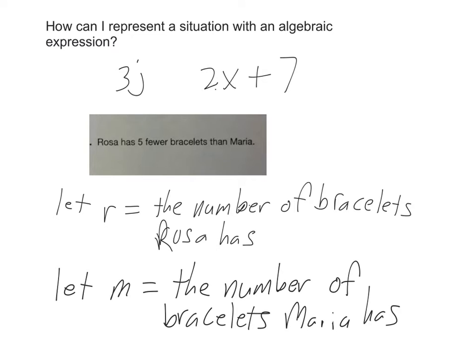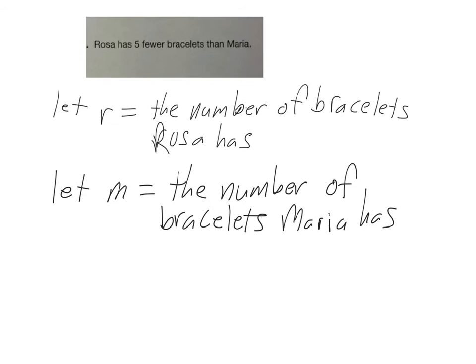Okay, so I have two let statements. R equals the number of bracelets Rosa has, M equals the number of bracelets Maria has.